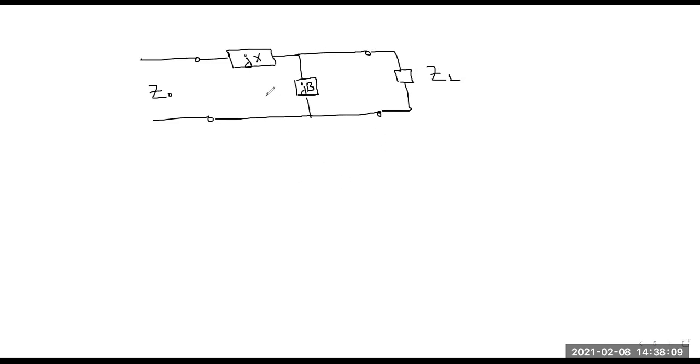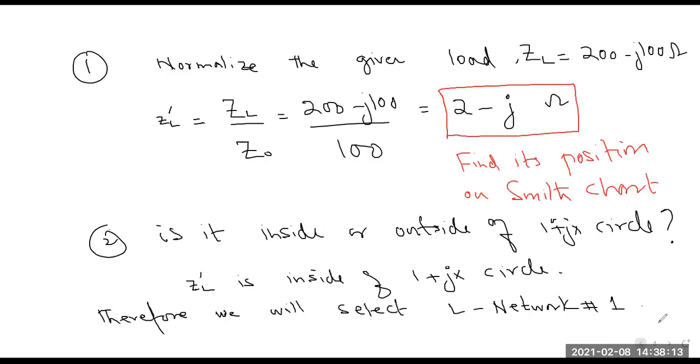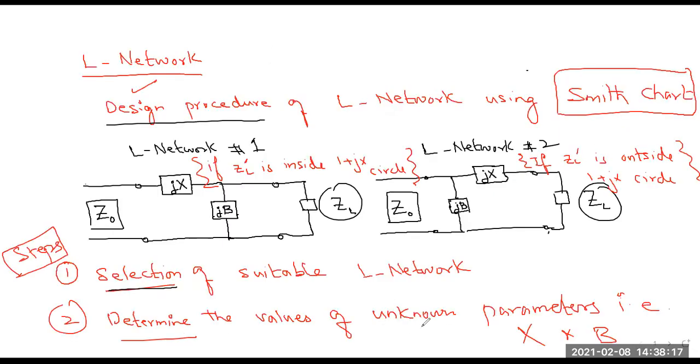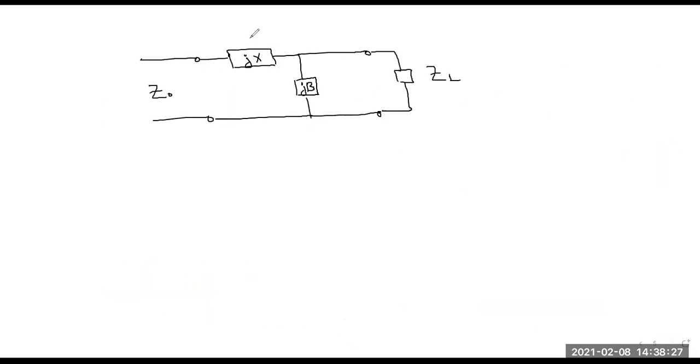Now the question is कि अब हमने नेटवर्क सेलेक्ट कर दिया है तो सेकंड स्टेप जो हमने अब लेना है, we need to find out the values of the unknown parameters जो कि आपके पास x और b. ठीक है. सो अब हमारे पास जो सर्किट है उसमें x की वैल्यू हमें नहीं पता क्या होगी और इस तरीके से b की वैल्यू.